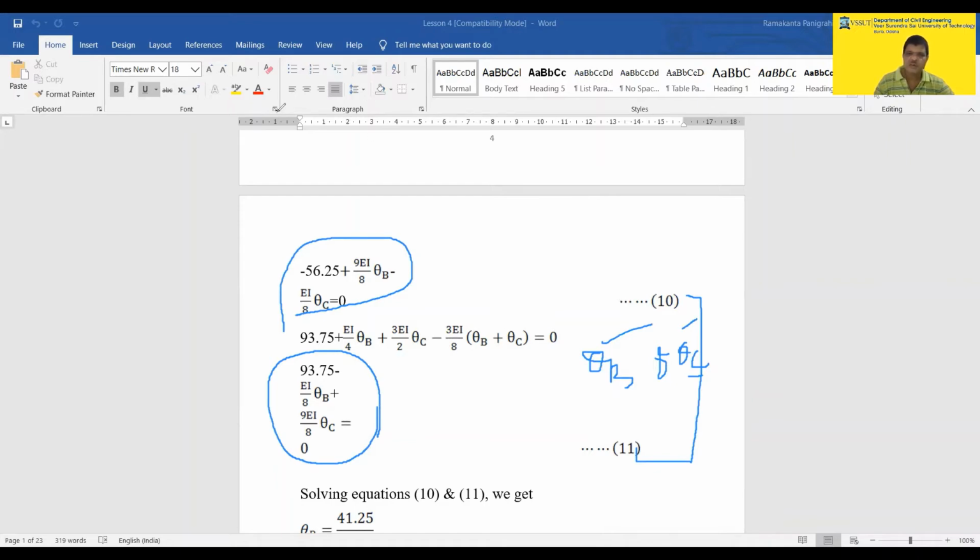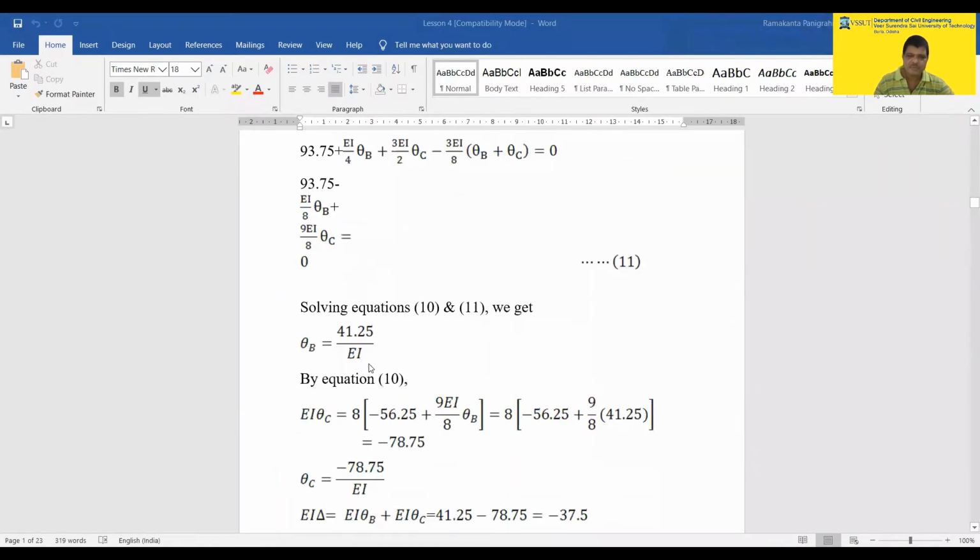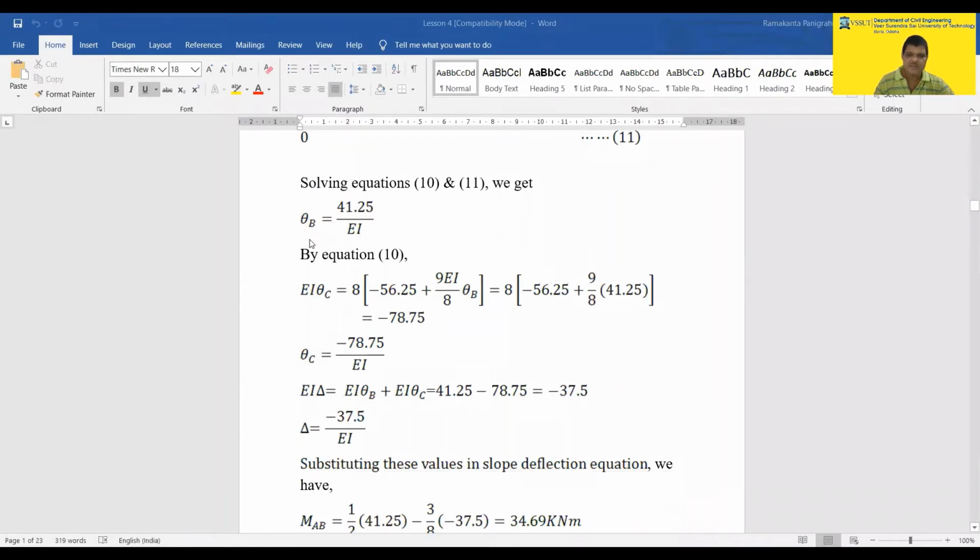So let us go to this problem. We got the value of theta B, theta C. So these three values are obtained: EI theta B is equal to 41.25, EI theta C is equal to minus 78.75, and EI delta is equal to minus 37.5.